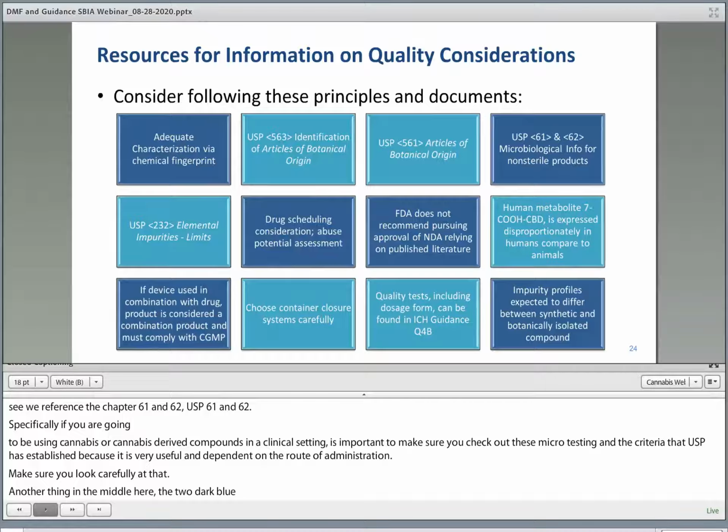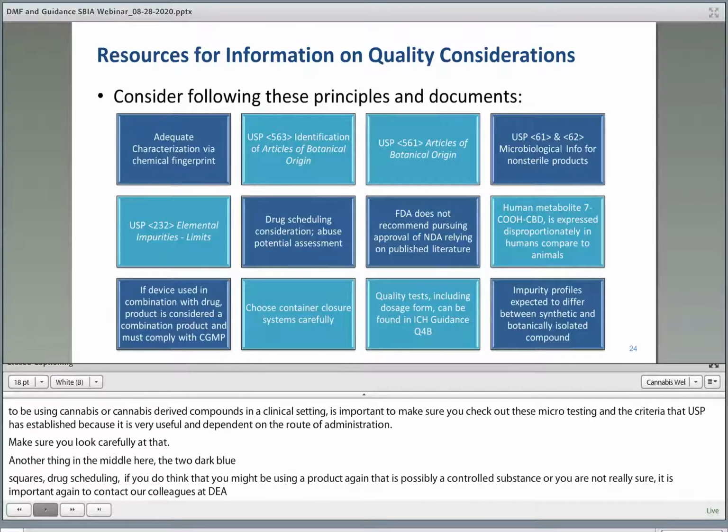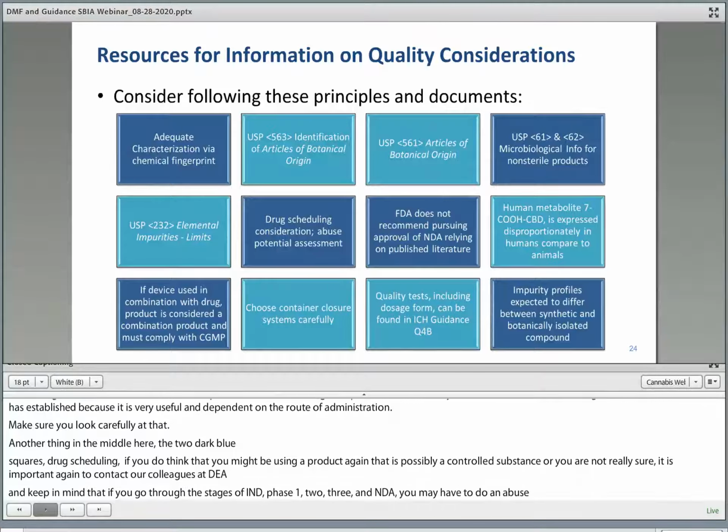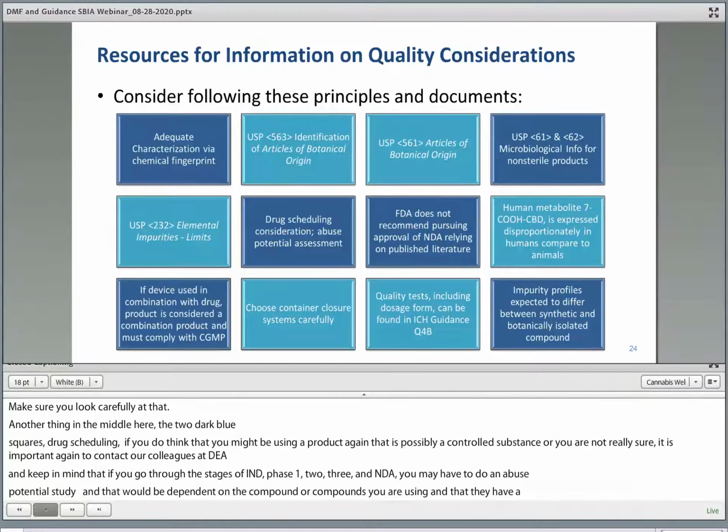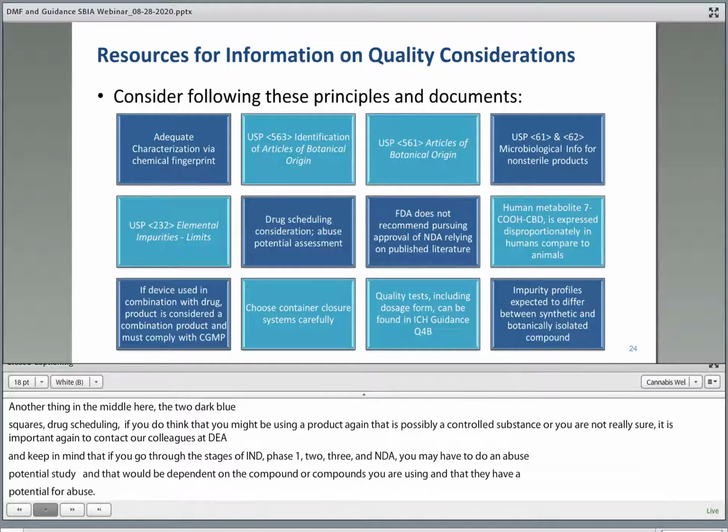And keep in mind that if you go through the stages of IND, phase 1, 2, and 3, and NDA, there is a potential that you might have to do an abuse potential assessment study, and that will be dependent on the compound or compounds you are using and if they have a potential for abuse. We have a staff here in CDER called the Controlled Substance Staff, and they would do that assessment, and they would let you know during the IND phase if they felt that that study needed to be done, which would be done on the researcher side.